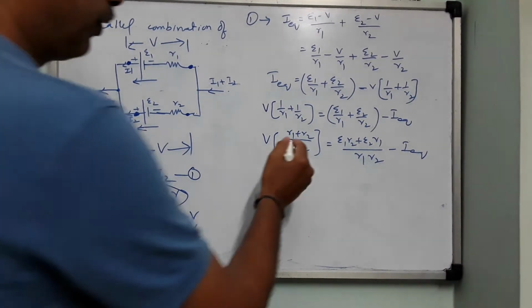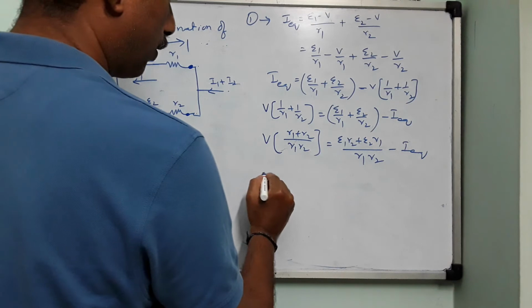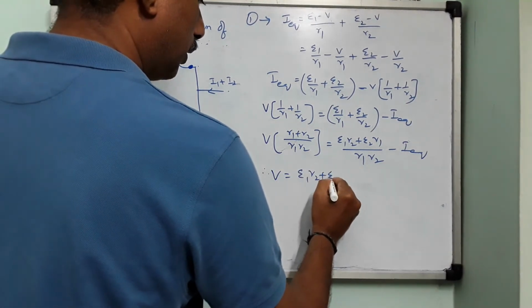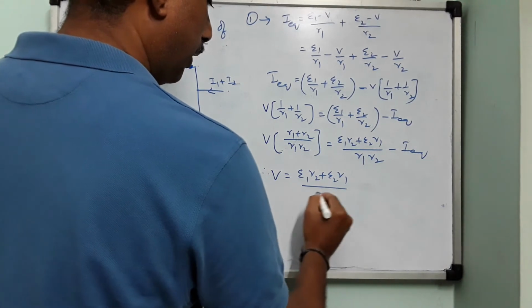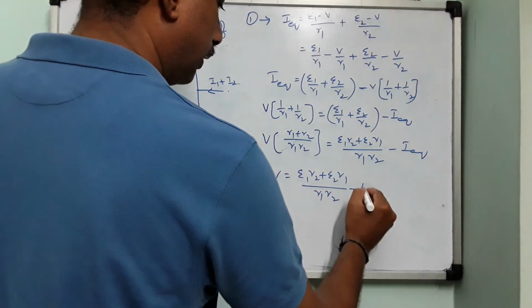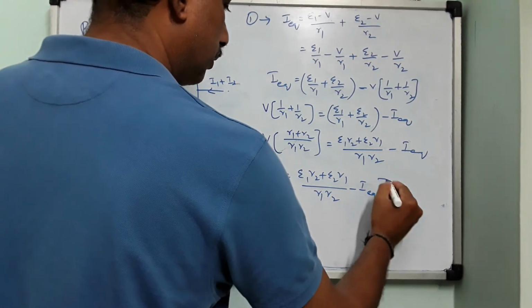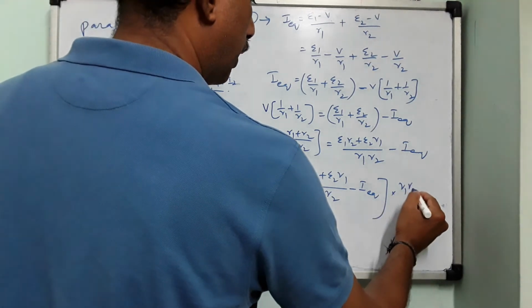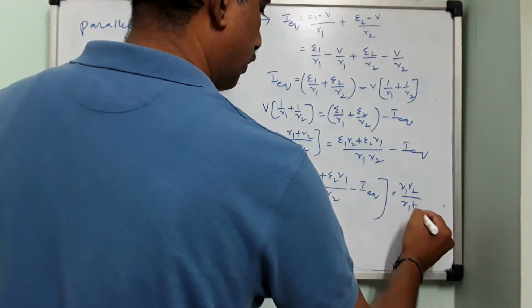Clear? Now take it that side. So therefore V equals E1 R2 plus E2 R1 by R1 R2 minus I equivalent whole multiplied by R1 R2 by R1 plus R2.